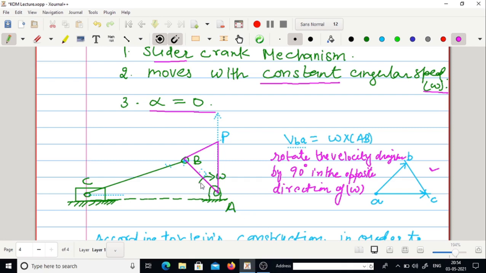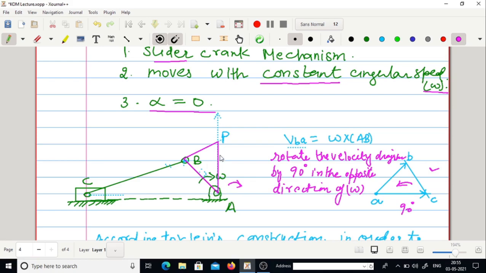So omega is in this direction. If we rotate this particular diagram in the opposite direction by 90 degrees, then that will give us a similar triangle like the triangle ABP.